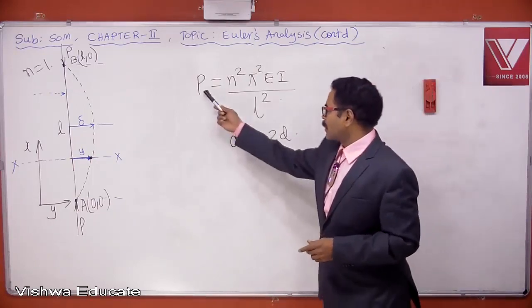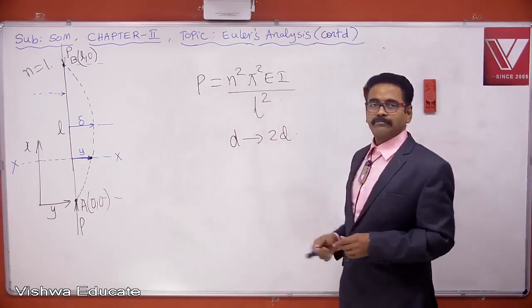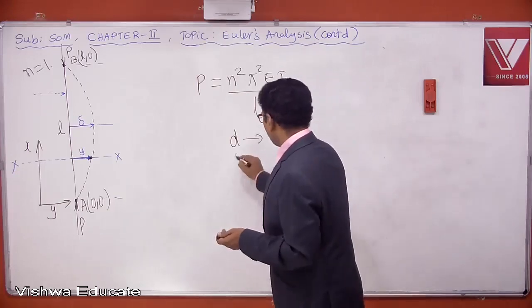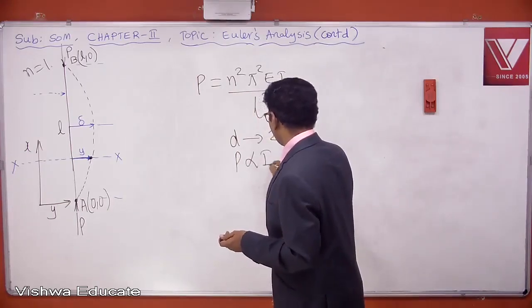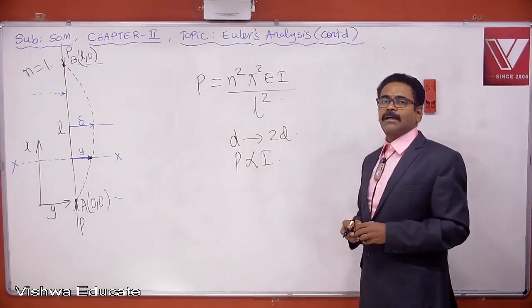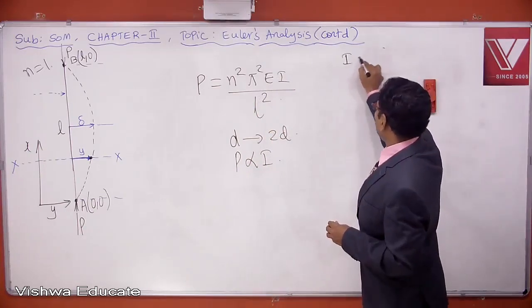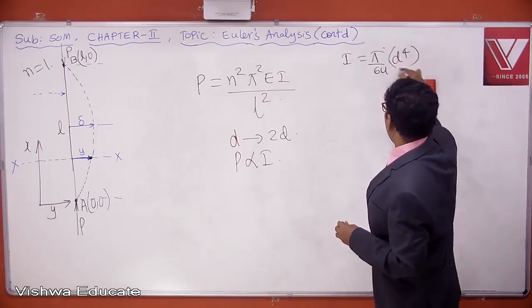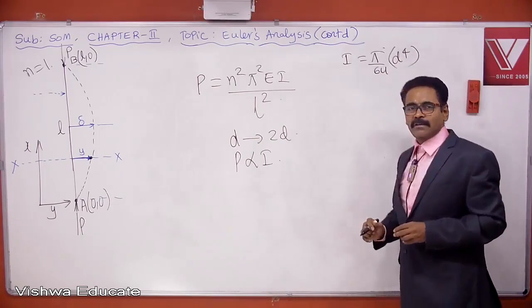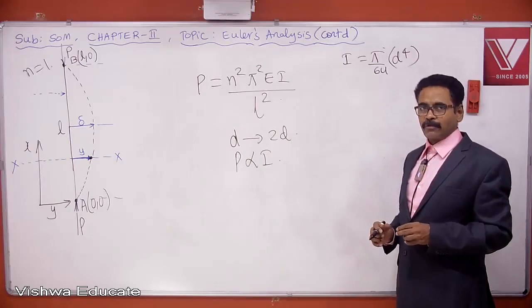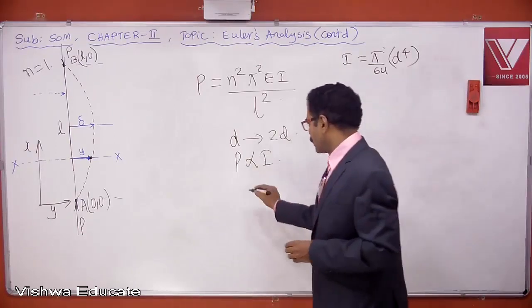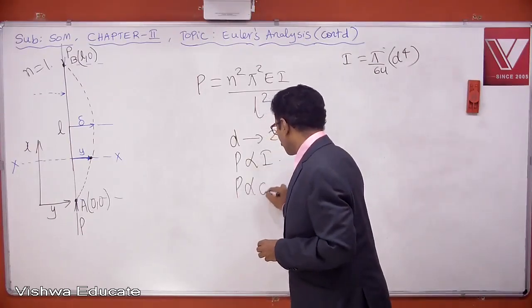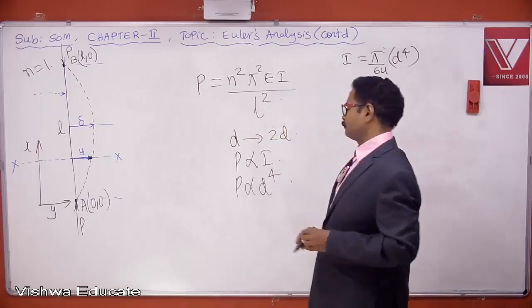Euler's critical load is proportional to I. But what is the moment of inertia of a cylindrical column? I is equal to pi by 64 into d power 4. So P is proportional to d power 4.